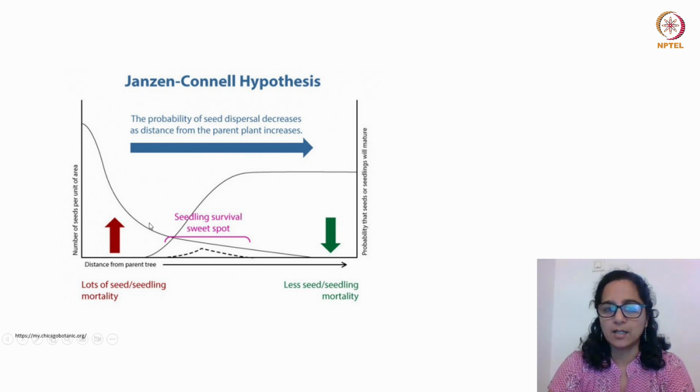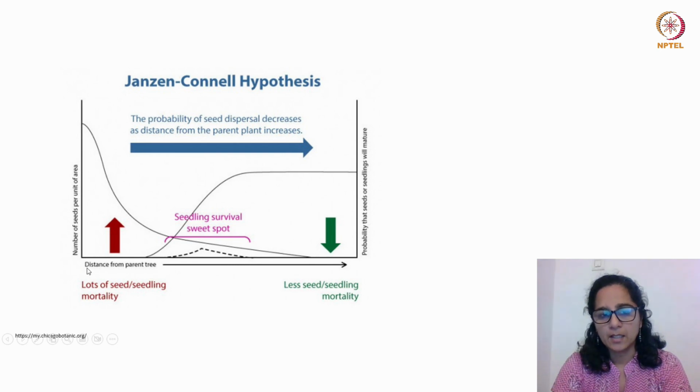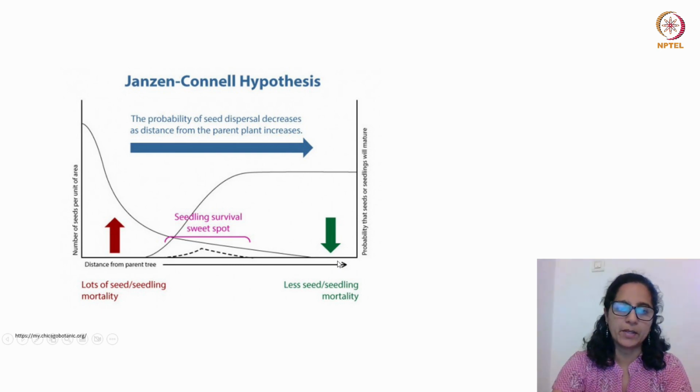I'll tell you what the axes have first, and then we'll talk about the graph. On the x-axis is distance from the parent tree. So how far is the seed from the parent tree? Let's say the parent tree is here, and this distance gives how far the seed has gone from the parent tree.